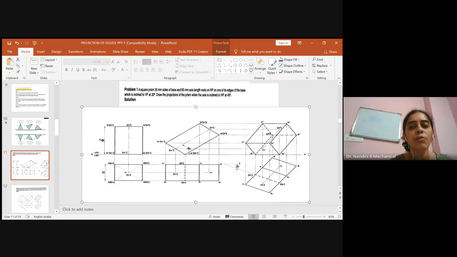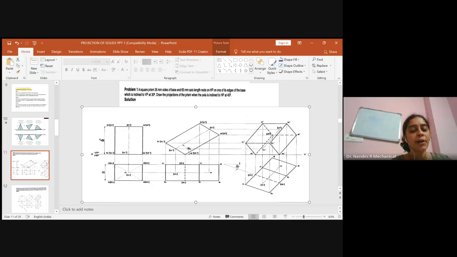Read this: HP on one of its edges of the base. So one of the edges of the base is inclined to VP. Here they have taken the side as D of D1, A of A1. So this side or edge is inclined to VP.